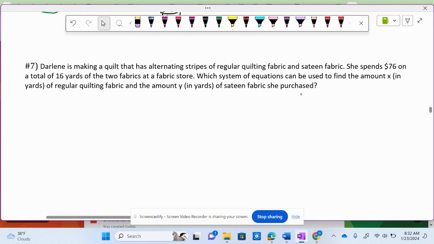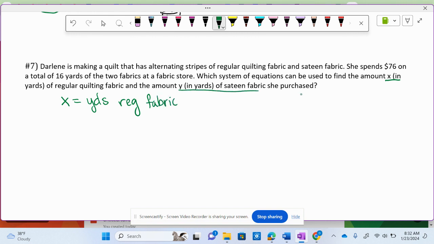So it's telling us what our variables are. X is yards of the regular fabric and Y is yards of the sateen fabric.